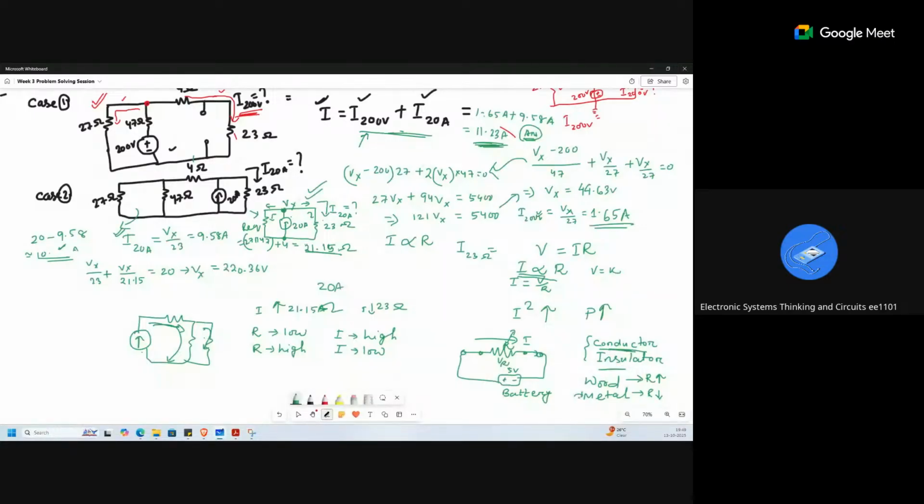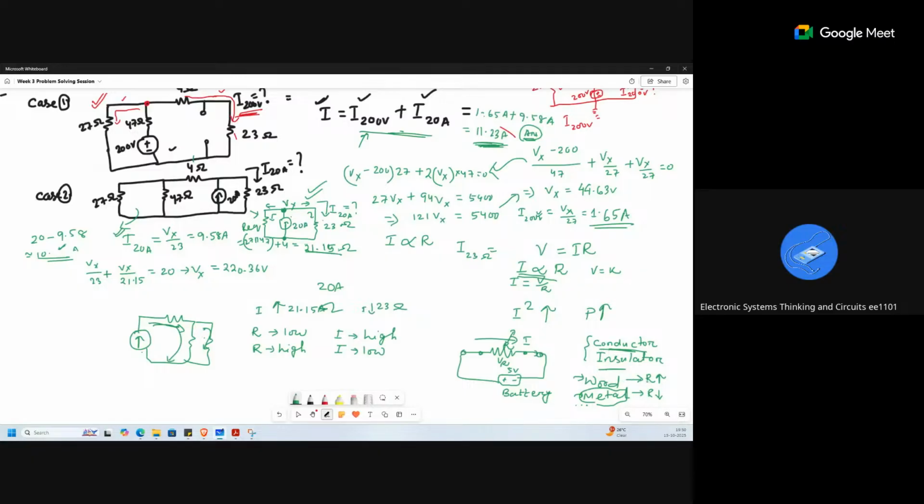In future, you will study the material properties and the particles inside the material. Those particles easily allow the current to flow, so the resistance is low here. But in the other material, the particles do not allow the flow of the current.